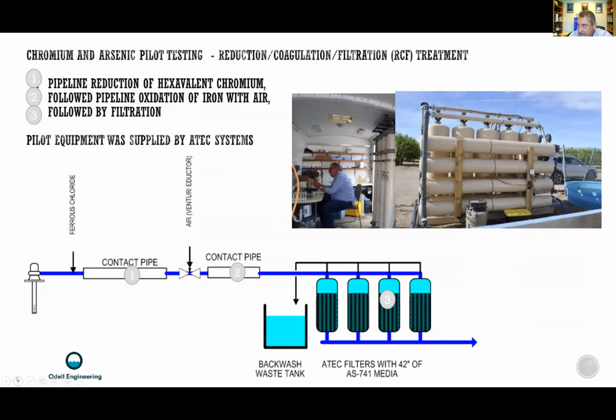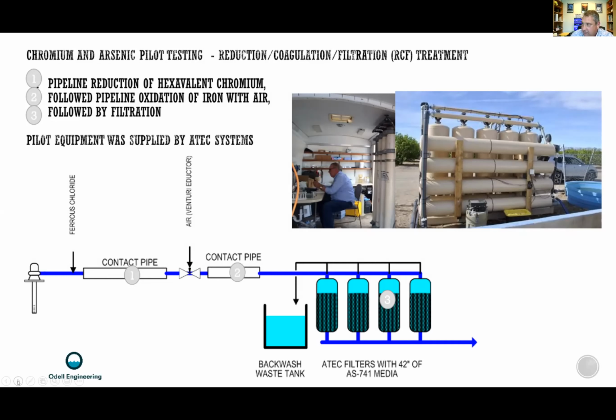The reduction, coagulation, filtration option was thought to be very expensive, but I worked on some projects for a number of years where we used pipeline contactors for ferrous chloride injection, and we reduced the hexavalent chromium to trivalent chromium, and then add a little air to oxidize the iron and remove the iron and total chrome on a pressure filter.